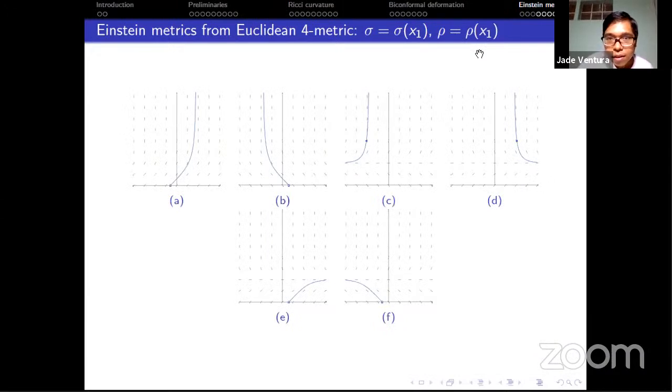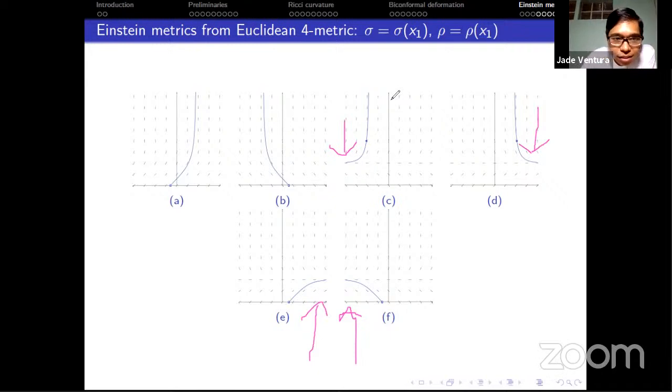So this, and this asymptotically approaches, means that the metric asymptotically approaches R2.